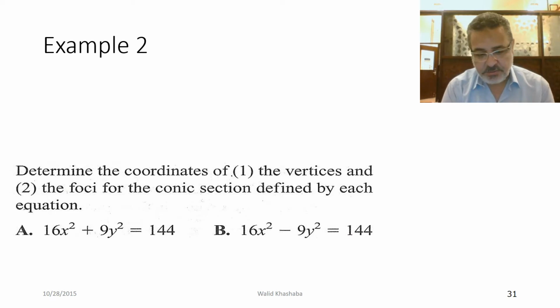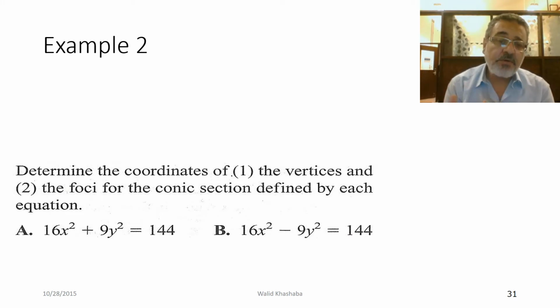graphs or things: either a circle, an ellipse, or a hyperbola. That's why we have to focus on these three things. Do you remember the standard form of the equation of an ellipse or hyperbola? Well, no problem.